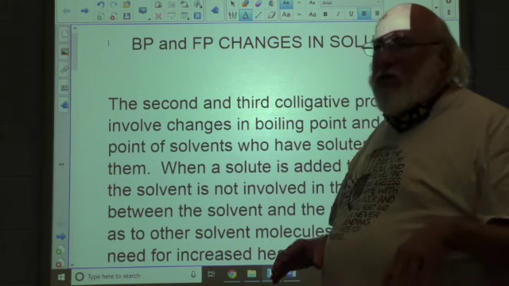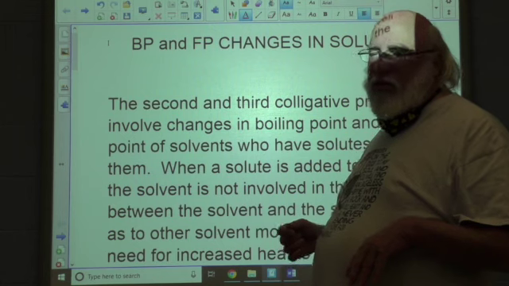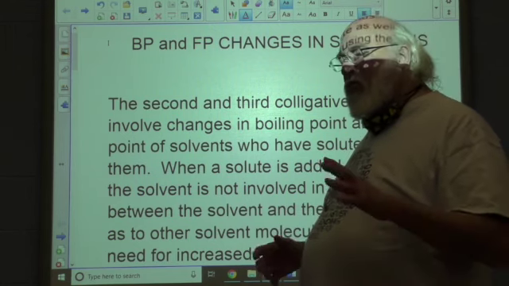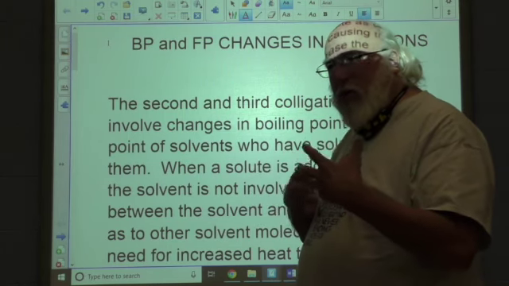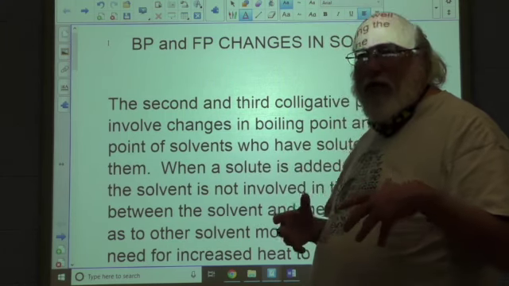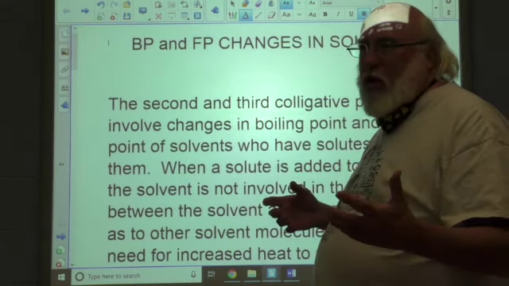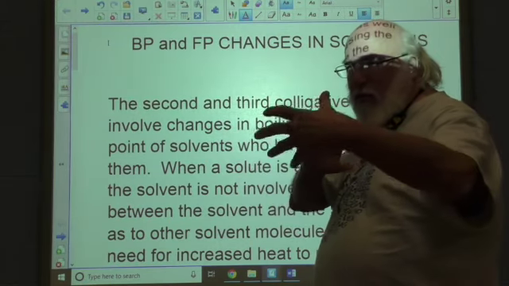The freezing point is going to have the same issue. The freezing point, however, is not going to increase. It's going to decrease because at 0 degrees, water wants to assemble itself in such a way that crystals are formed in a pattern that needs enough space for the water to pull apart and create the crystals.